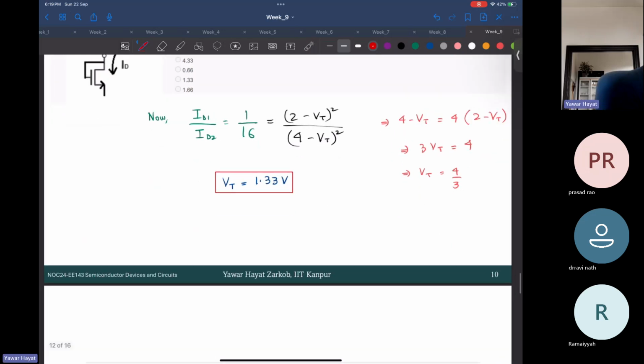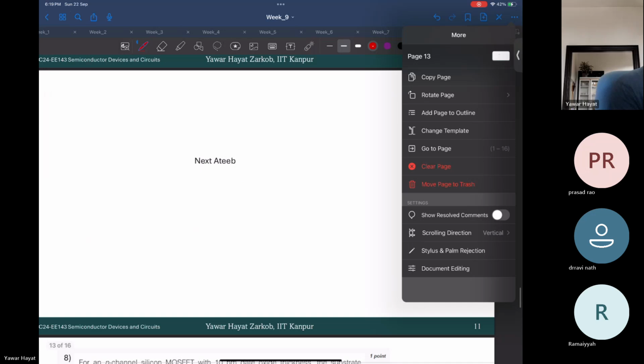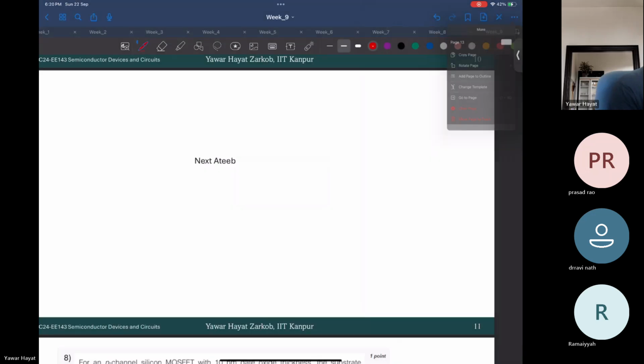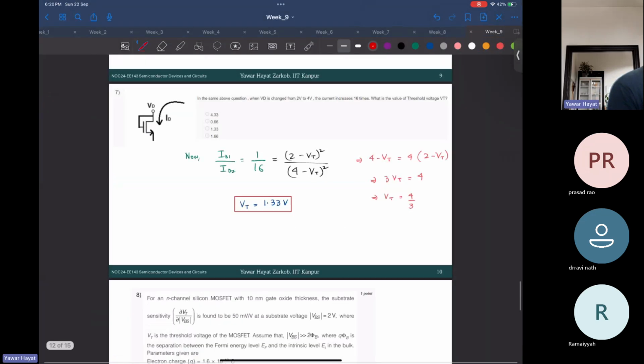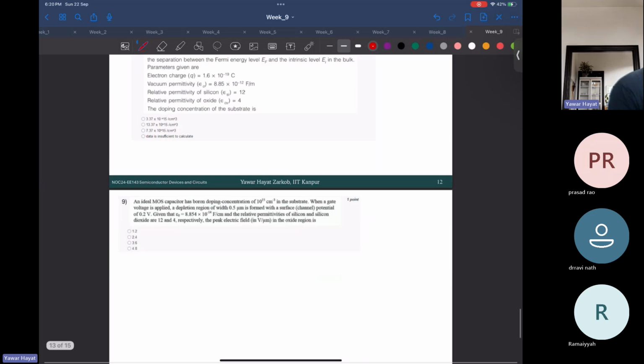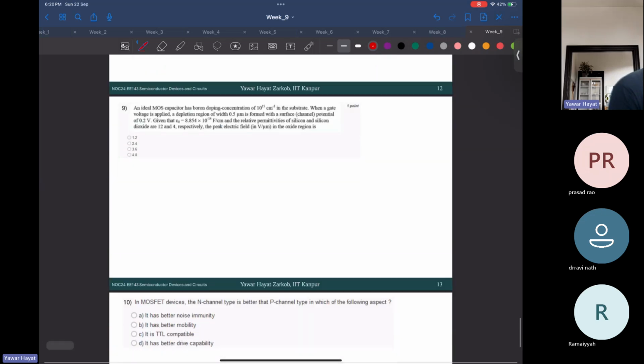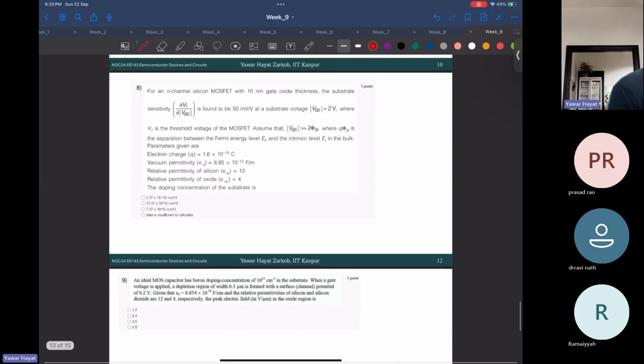Question number 7 done. Now, for the next 3 problems, I would prefer you take these 3 problems as an assignment. These are not in your main assignment, but you can use them as practice problems.